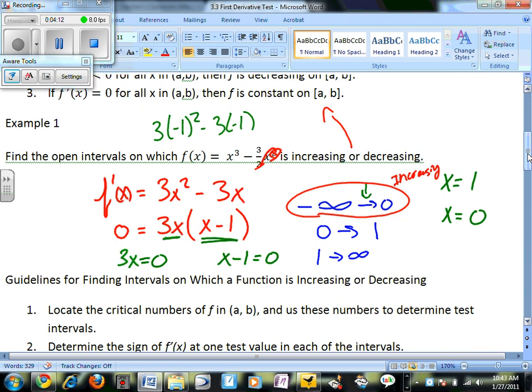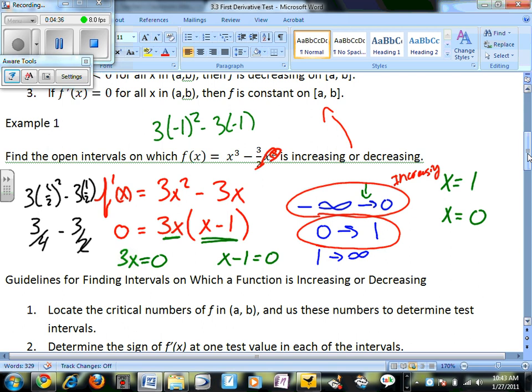All right, let's pick a point between 0 and 1, let's pick 1/2. If I pick 1/2, I have 3 times 1/2 squared minus 3 times 1/2. So I'm going to have 3/4 minus 3/2.